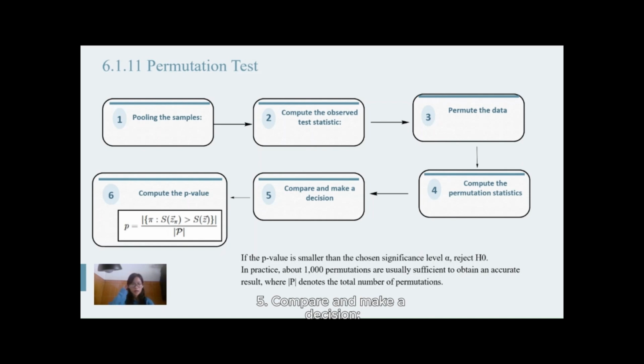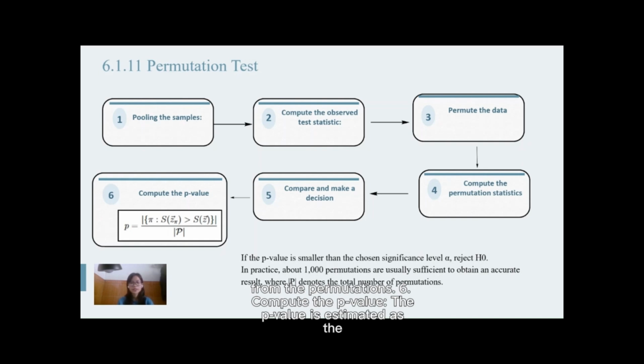If the null hypothesis is true, we fail to reject it, since the observed value will lie in the central region of the distribution of statistics obtained from the permutations. 6. Compute the p-value.